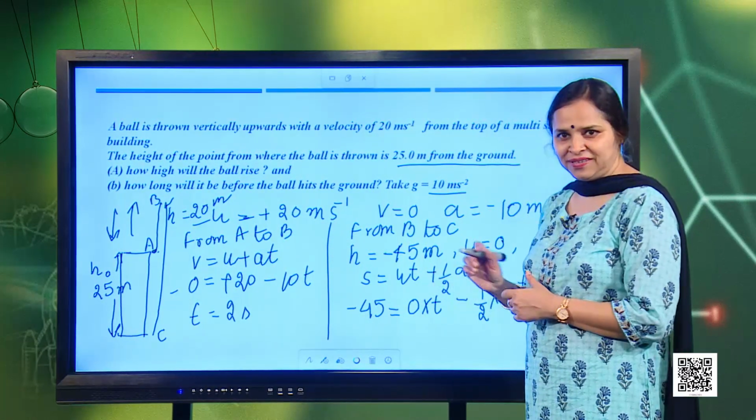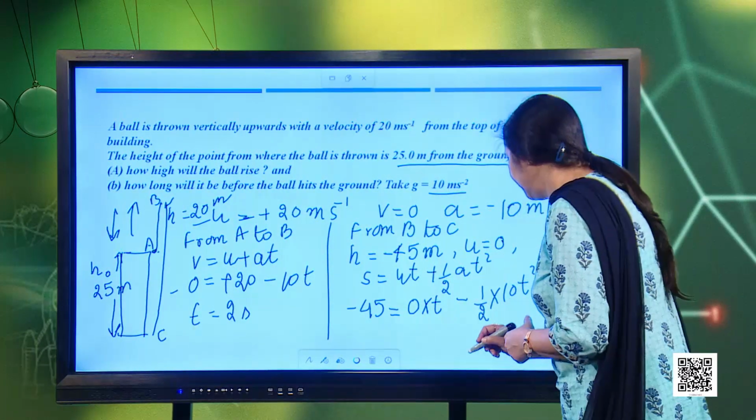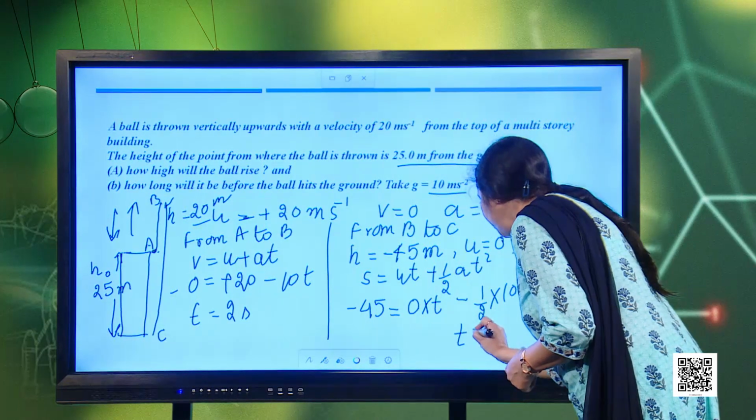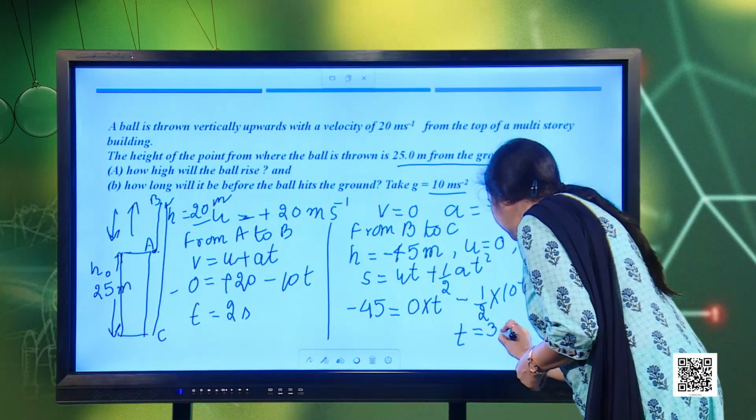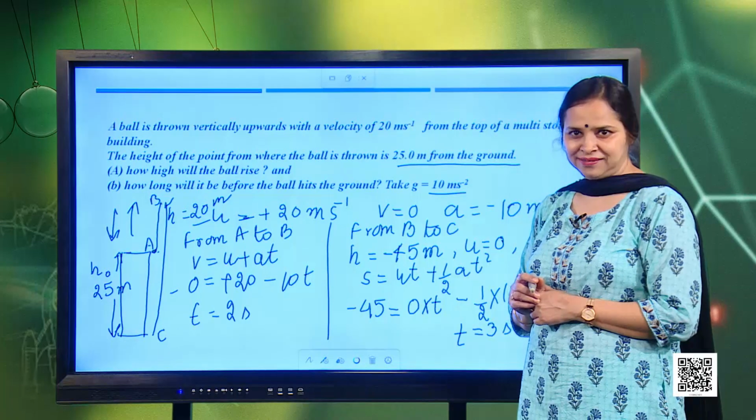So when you solve this equation, you will get the time as 3 seconds.